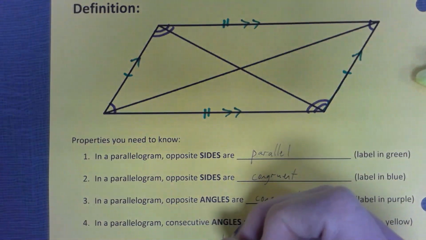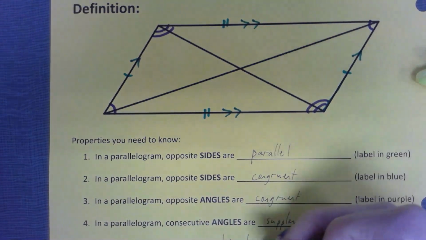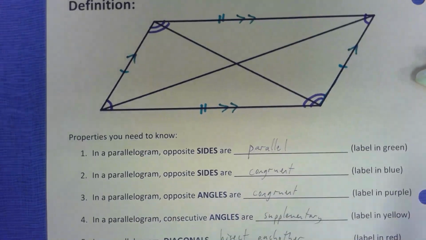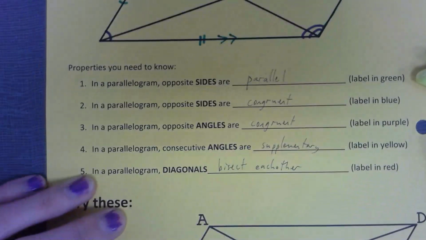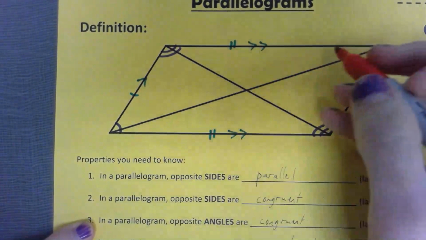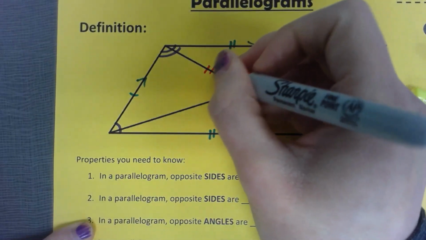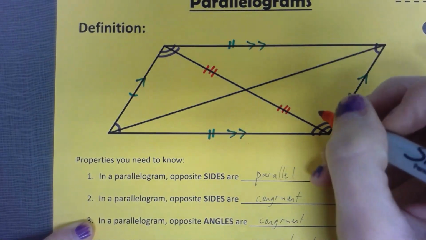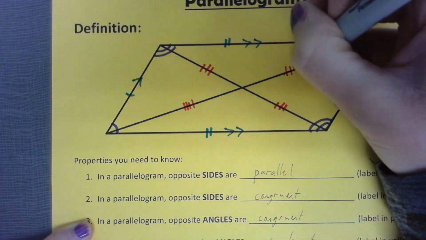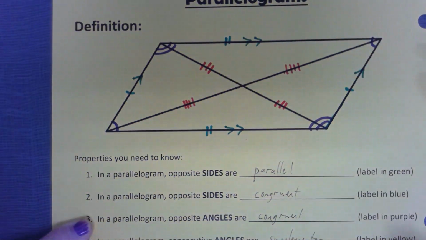The diagonals bisect each other. Okay. So what we can say there is, since this diagonal bisects that one and vice versa, this segment here and that segment there are congruent, as well as this segment here and this segment here are congruent. Okay.